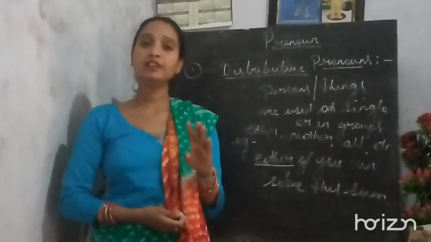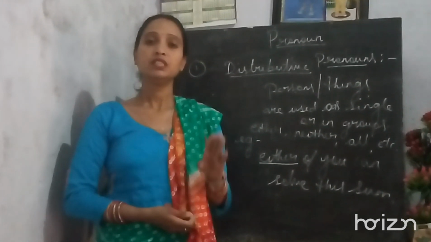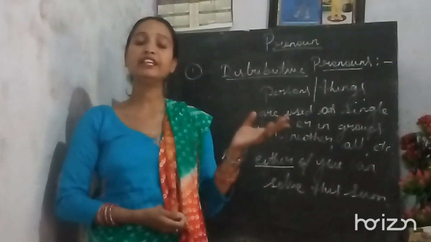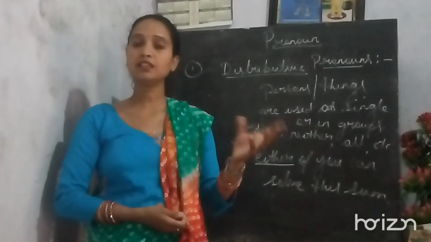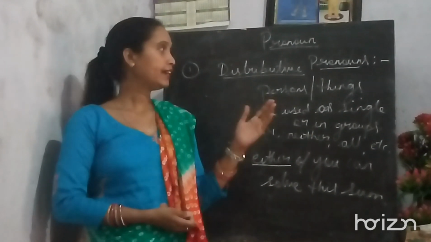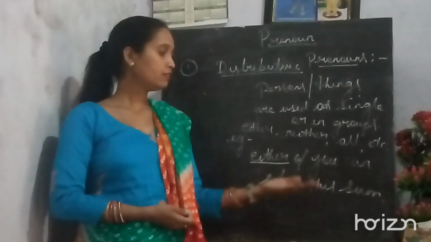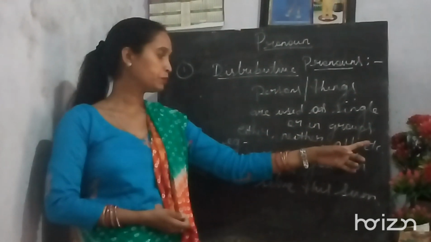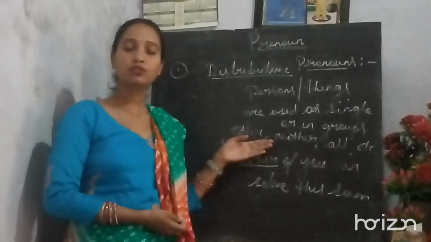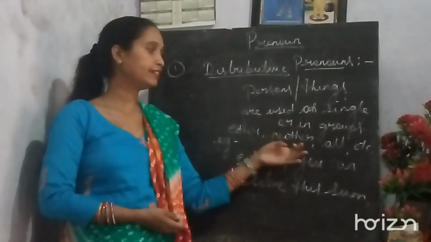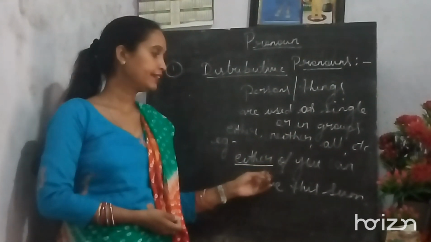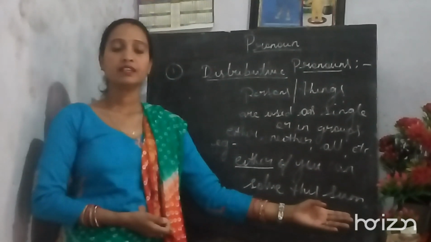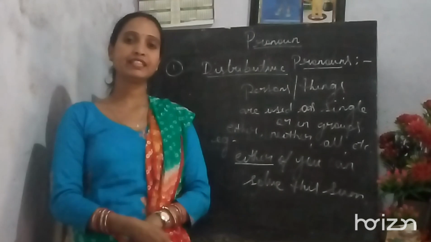Third, relative pronoun, which also starts with WH but not in the beginning of the sentence, it is somewhere in the middle. And lastly, distributive pronoun, in which persons or things are used as single or in groups, with words like either, neither, all. Either of you can solve this sum. The remaining pronouns we will be covering in the next video.